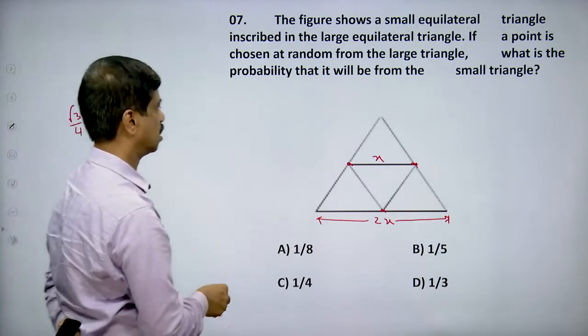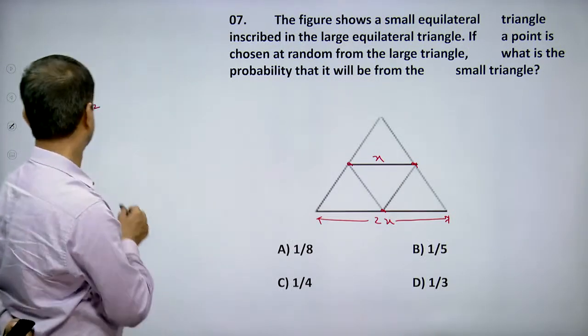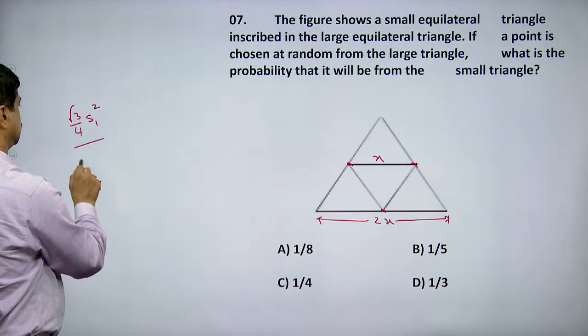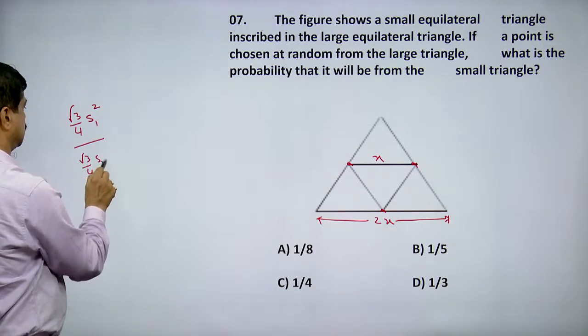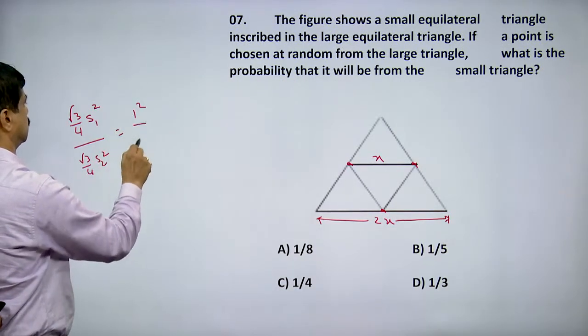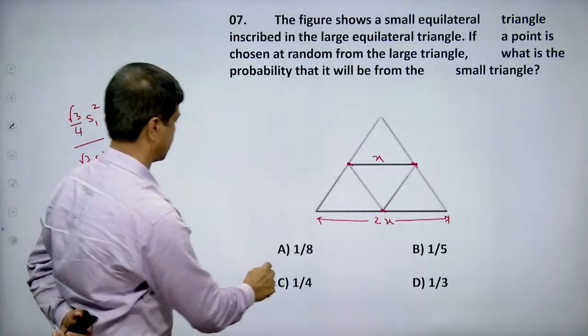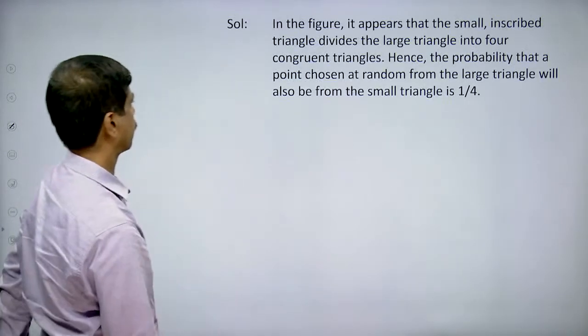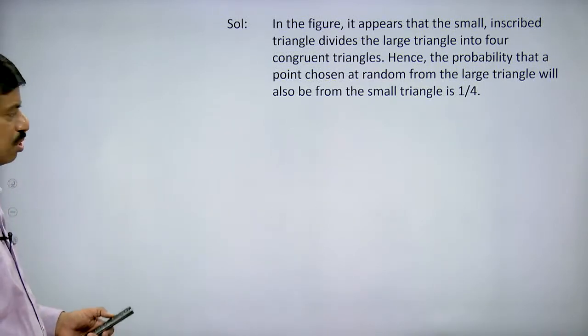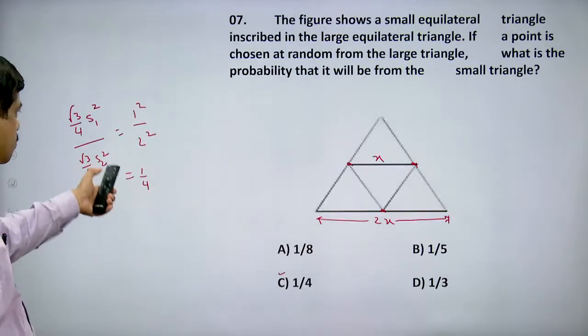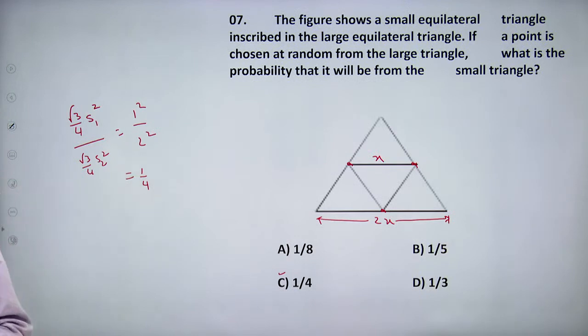So therefore, following children, that is 1 by 4, option C. Right children, this is what we have shown. So this in second page, you can copy it from first page only. Okay.